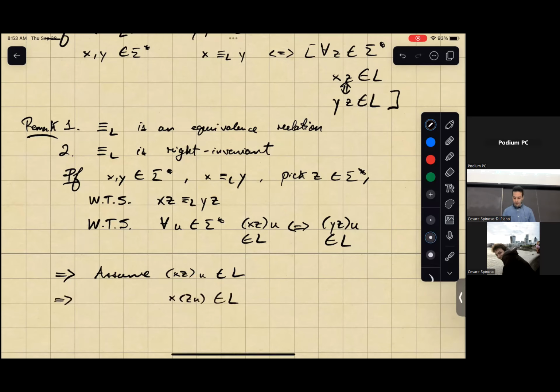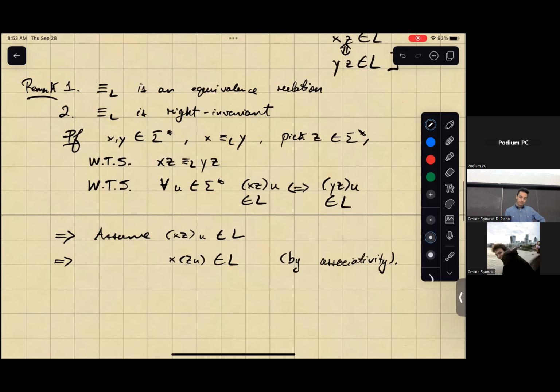So this implies this by associativity. Okay, excellent. Now, I have a string x, and I've stuck some string zu to x. So what can I do next?